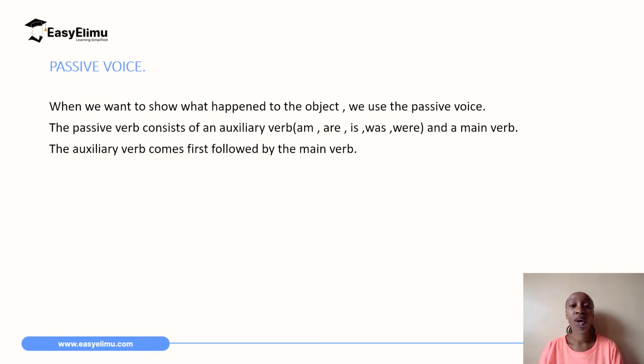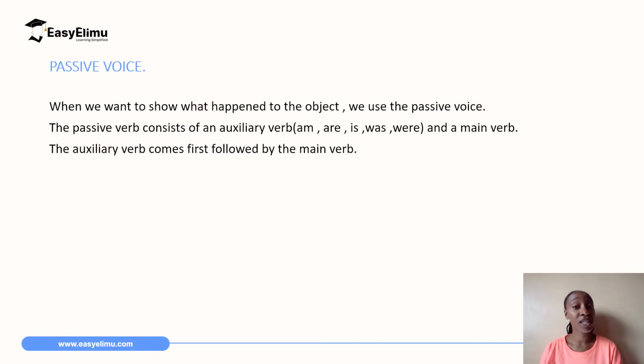So we have said that in the active voice, we are reporting what the subject has done to the action. Now, in the passive voice, when we want to report what has happened to the object, that's when we use the passive voice.